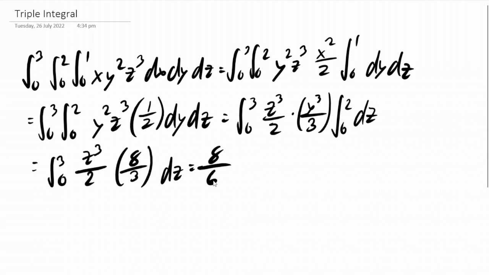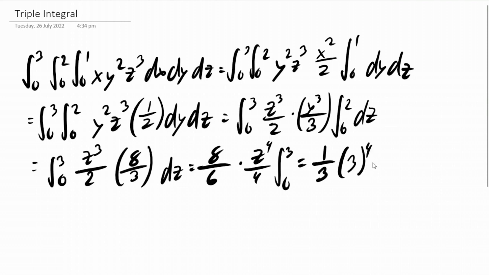8 over 6, and then the integral of z is z raised to 4 over 4 here. With limits from 0 to 3, simplify, it is 1/3, and then if we substitute 3 to z, it is 3 raised to 4.